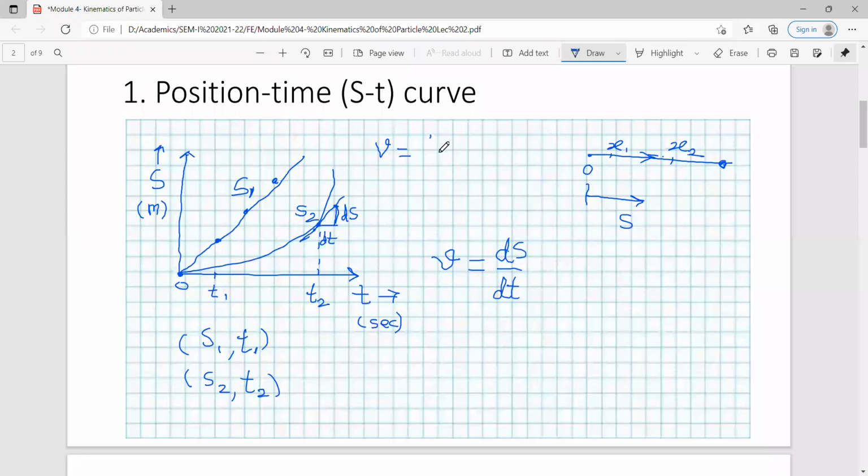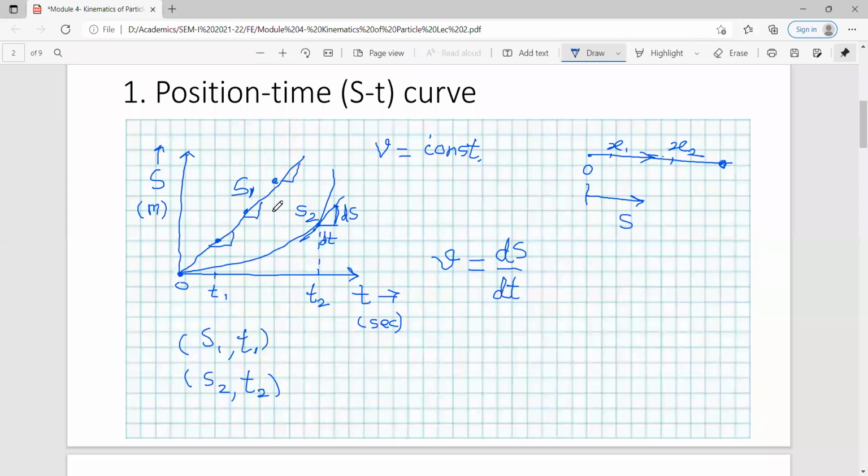So if velocity is constant, then what will happen? Your slope will be the same at each point. Suppose you calculate the slope here, then if you calculate the slope here by drawing these triangles, you will find that the slope is coming the same.